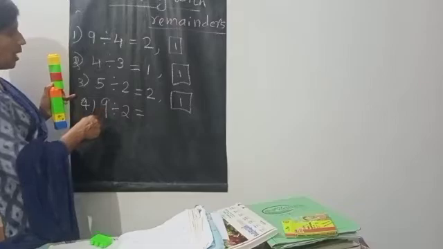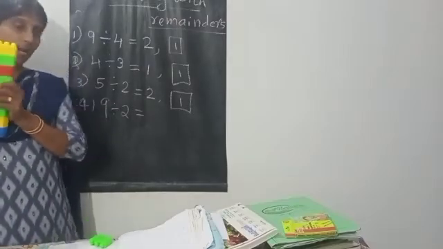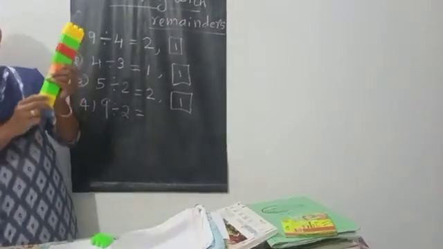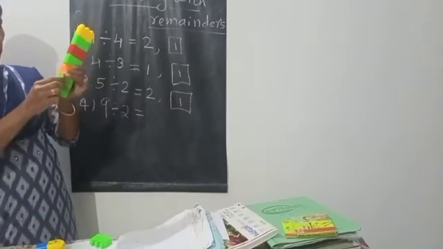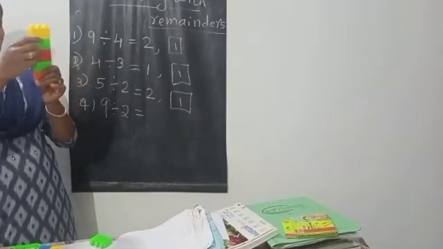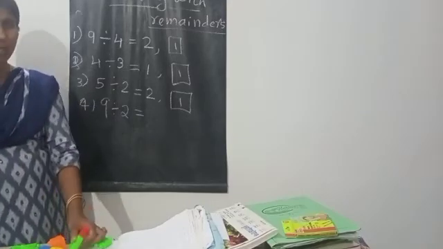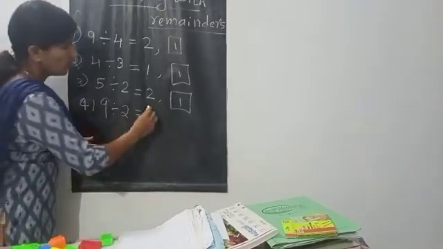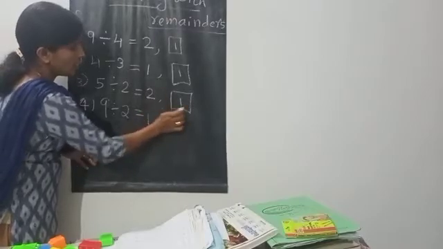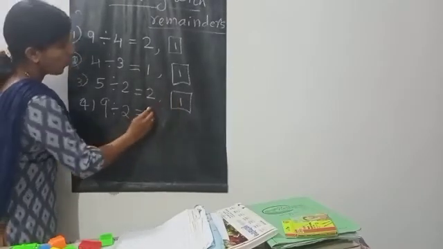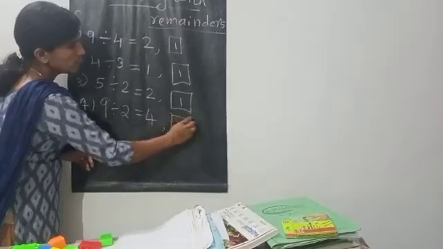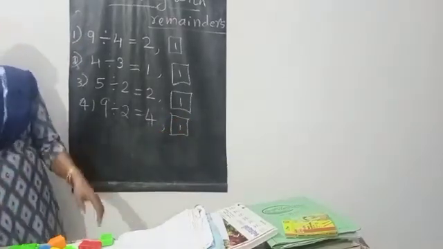How many times can we take 2 from 9? One time, 2 times, 3 times, 4 times, and 1 is remaining. So we can write the answer as 4 and 1 is remainder or 1 is balance.